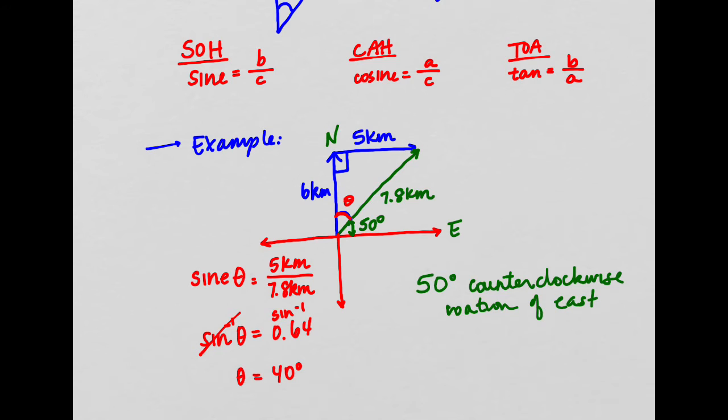So a 50-degree counterclockwise rotation from east, meaning we moved 50 degrees from east in the northern, or in the counterclockwise direction. So that is the angle at which this resultant is.